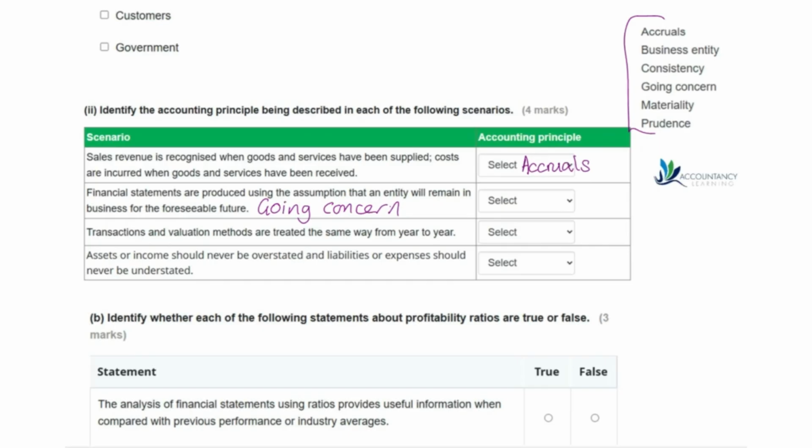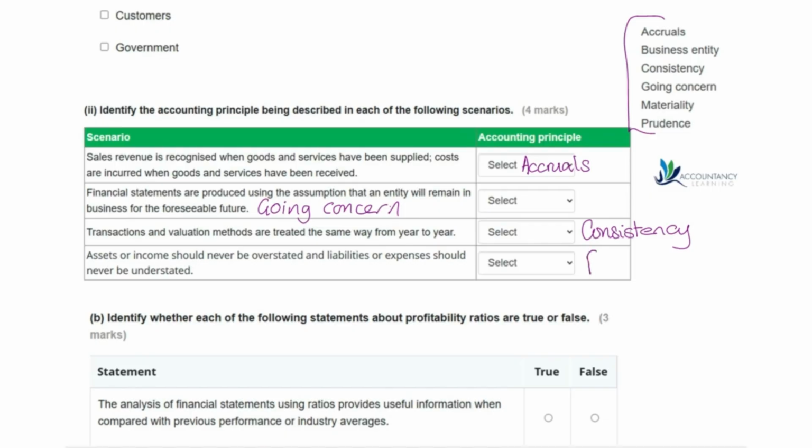Transactions and valuation methods are treated the same way from year to year. So if we're treating something in the same way, it means we're being consistent. So that's known as consistency. Assets or income should never be overstated, and liabilities or expenses should never be understated.